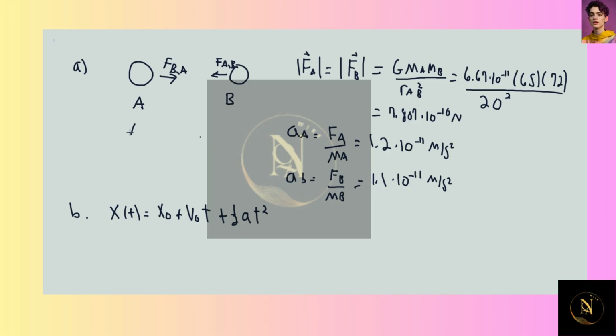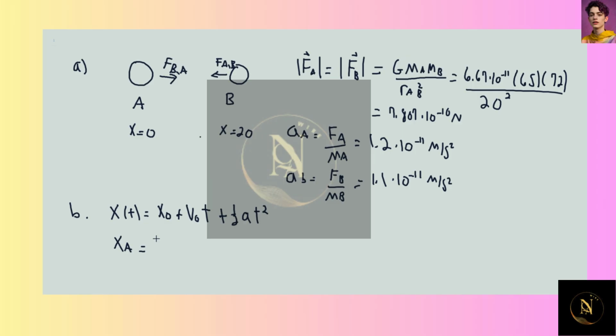But I'm going to call the position of astronaut A x equals 0, and the position of astronaut B x equals 20. So they're still 20 meters apart. I'm just saying that A is the one that is at position 0. So then for astronaut A, there's no initial velocity, there's no initial position.